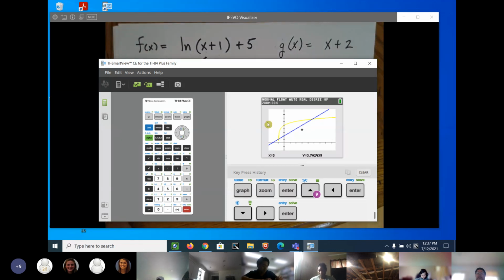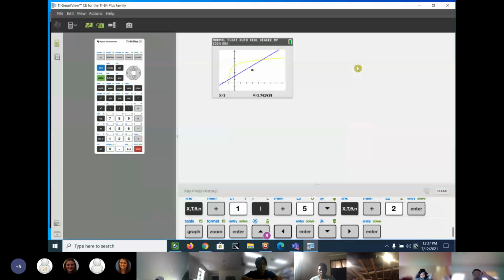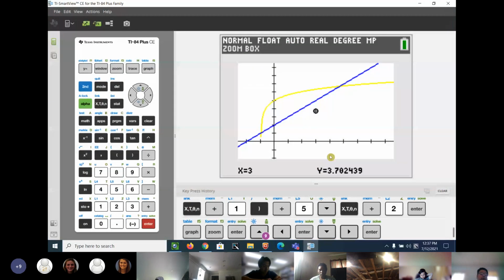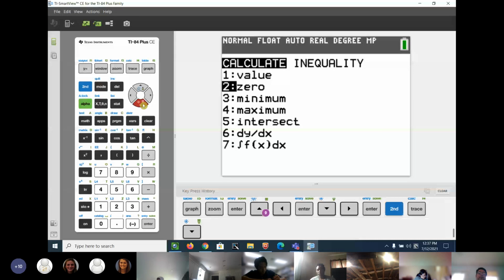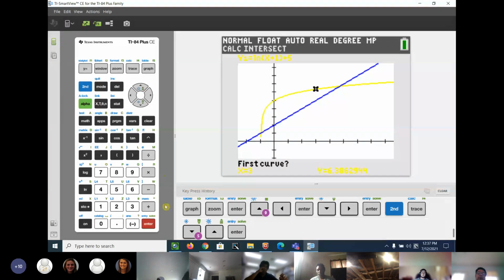So I'm going to find my intersection point. So I'm sorry, what am I trying to find? Oh, the second trace. Intersect. And yellow, blue, and the guess is right about there maybe.